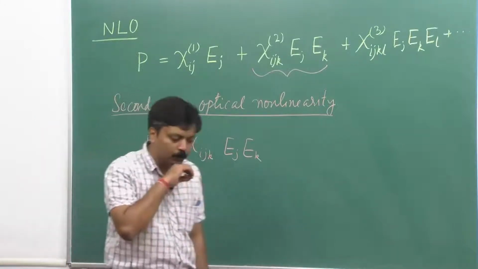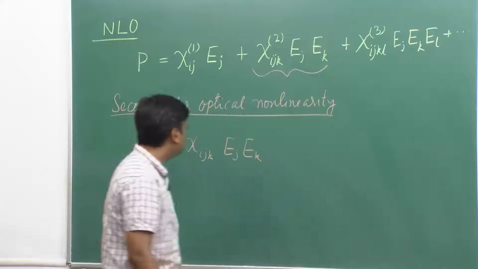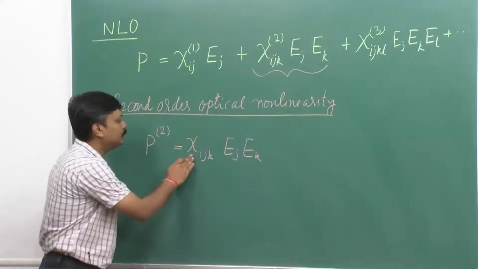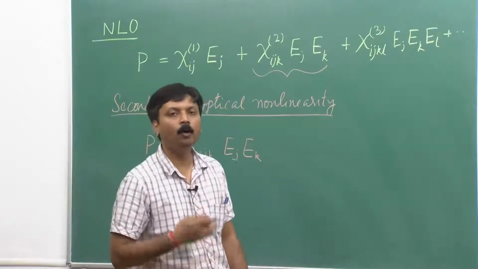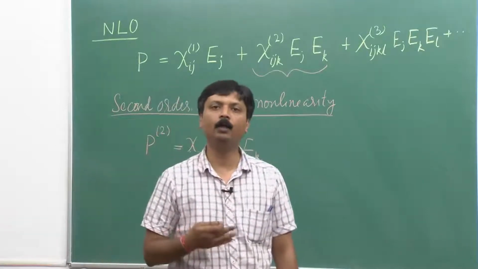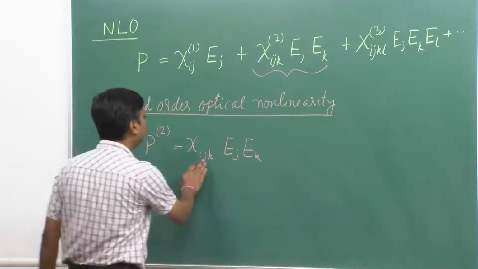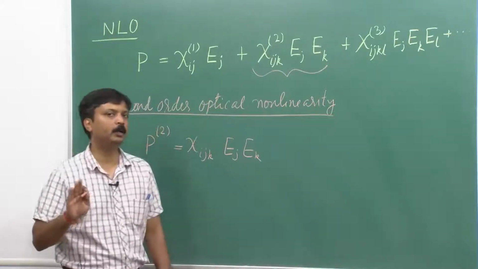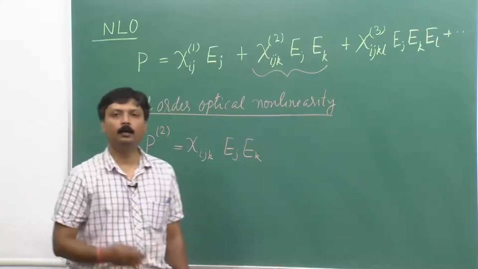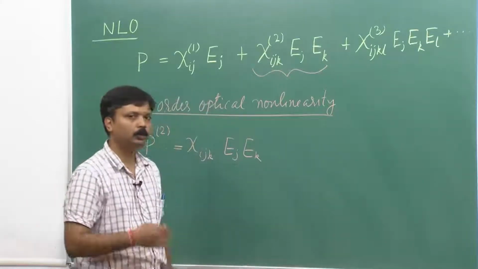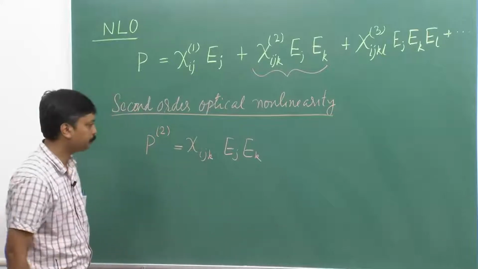It is good to know, and this chi will have several components depending on what rank of tensor it belongs to. This is a third rank tensor, so you will have a total of 27 components, which will come from different ijk indices, which correspond to the Cartesian components.